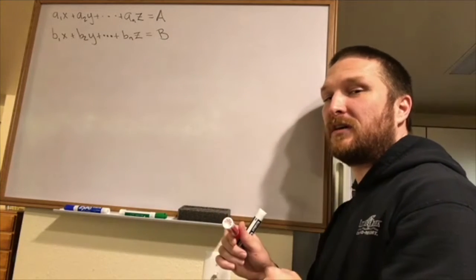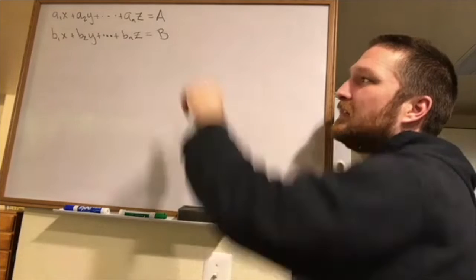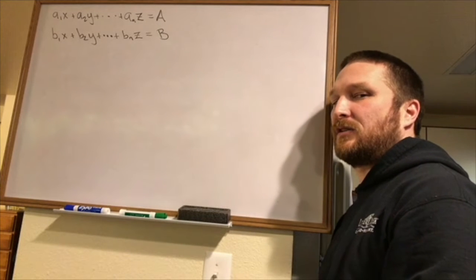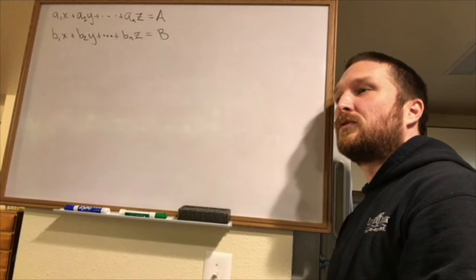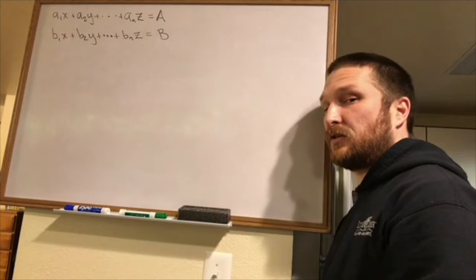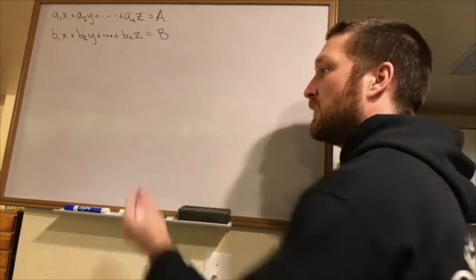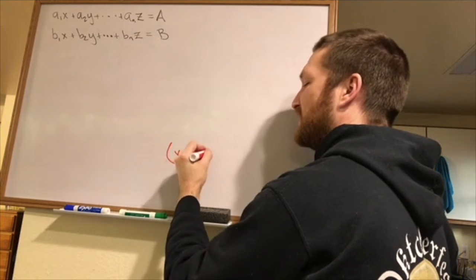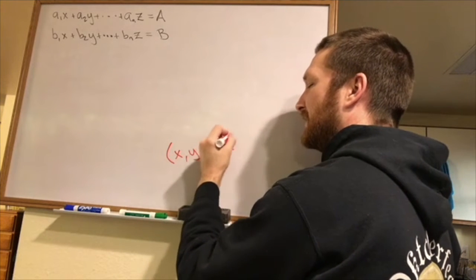So what we're going to do here is say, suppose that these things do intersect. There is some intersection. And now we're going to take any point that is in that intersection, and we're going to give that point a special name. We're going to call it red x, y, and so on all the way down to z.